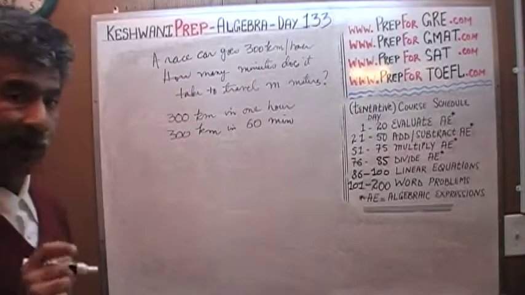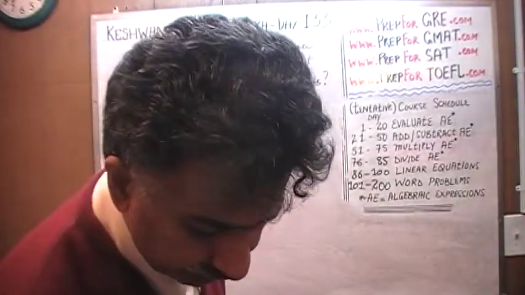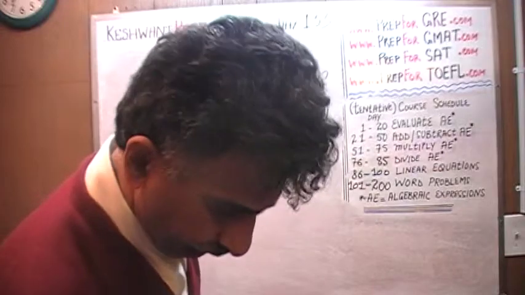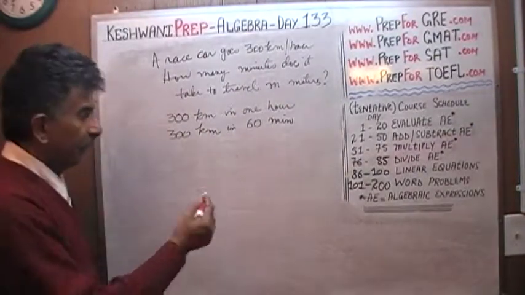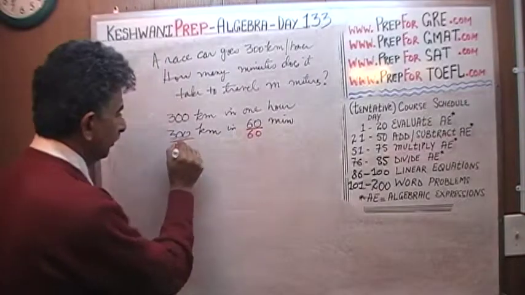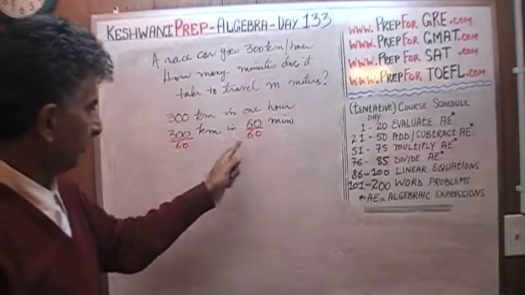Well, if it's going 300 kilometers in 60 minutes, how much does it travel in 1 minute? If it travels this quantity in 60 minutes, then in 1 minute it should travel 60th the amount. I divided both by 60, you see?